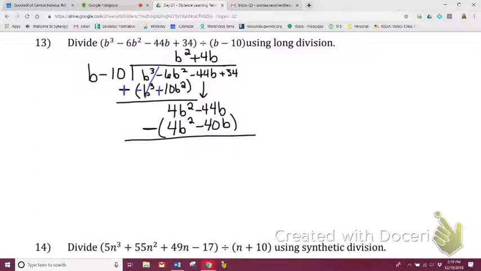Again, keep the top row the same, change the sign to addition, and change all the signs in the parentheses. So my 4b squareds cancel. My negative 44b plus 4b gives you negative 40b. And bring down your last term.